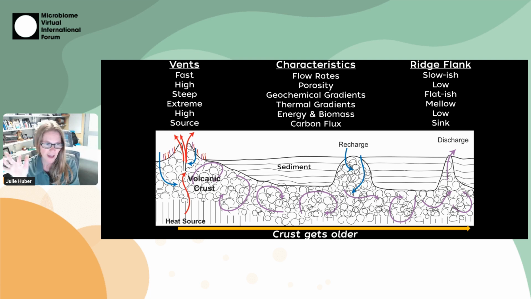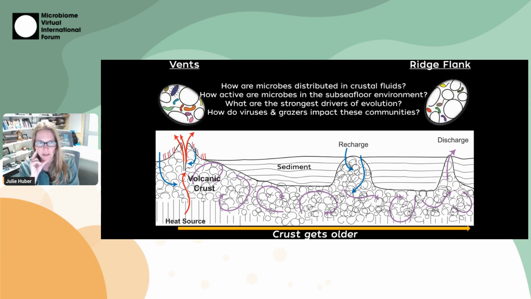You do not have all this volcanic energy. Temperatures are much lower, and as a result of less energy, lower temperatures, et cetera, the biomass is lower, and instead of being a source of carbon, the few data points we have indicate this is actually a sink of carbon.